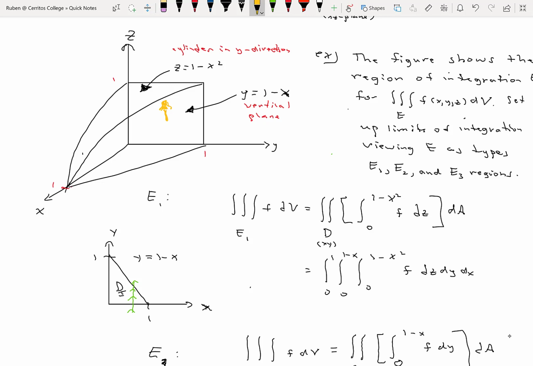I need to know in the YZ plane the projection of that intersection of these two surfaces. So I'm going to find that projection in the YZ plane.